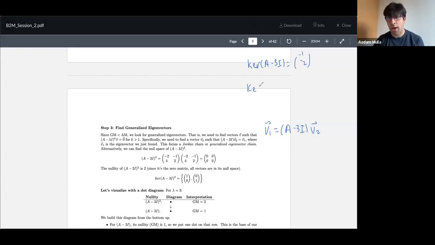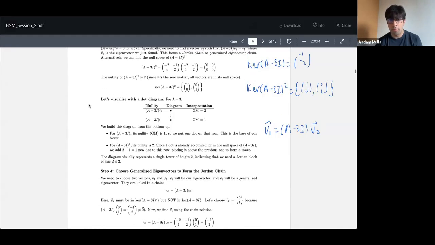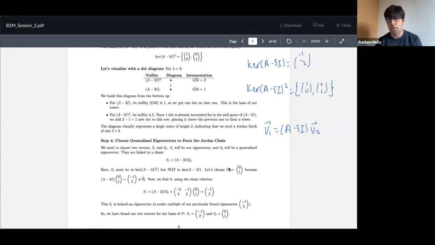Now we find the kernel of (A - 3I) squared, and we said this is (1, 0) and (0, 1). Now we need to choose a vector from here that is linearly independent from this vector here. Either one of these would work. Let's see which one we choose in the example. Let's choose v2 equals (0, 1).